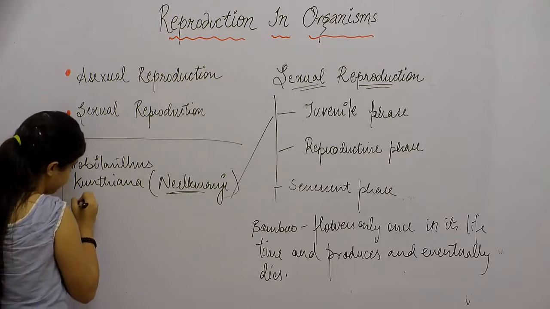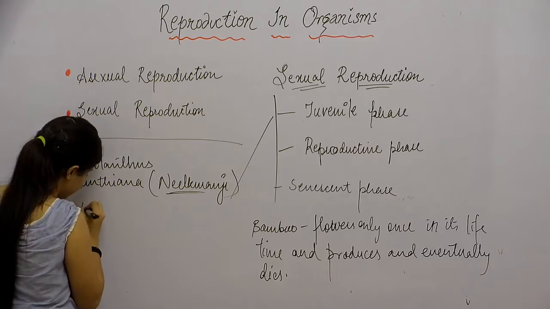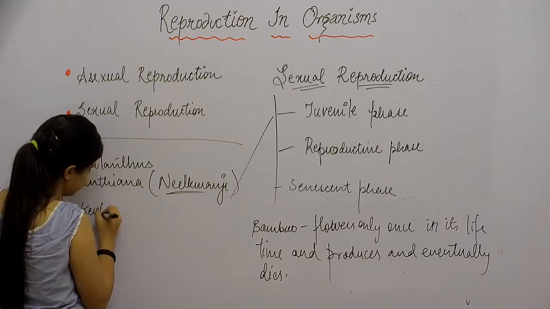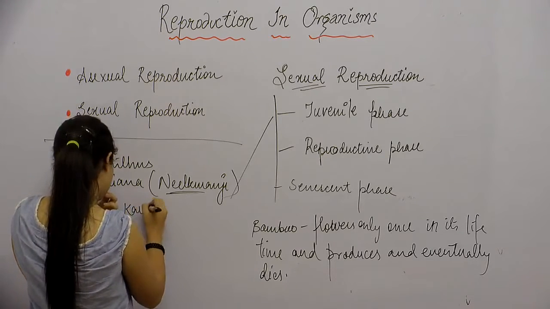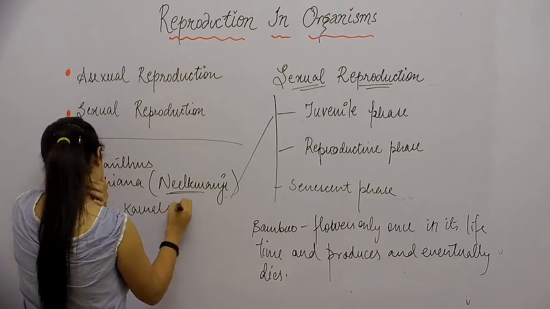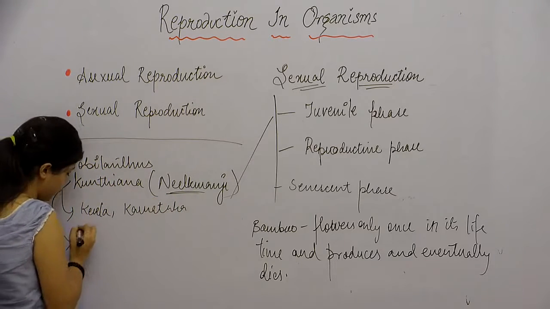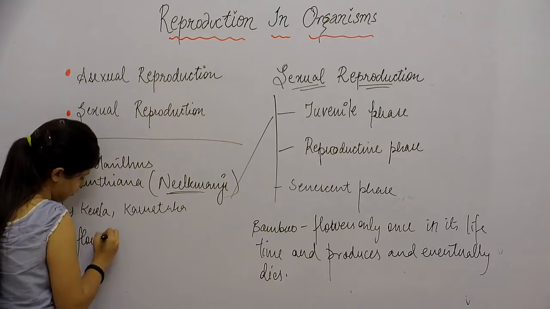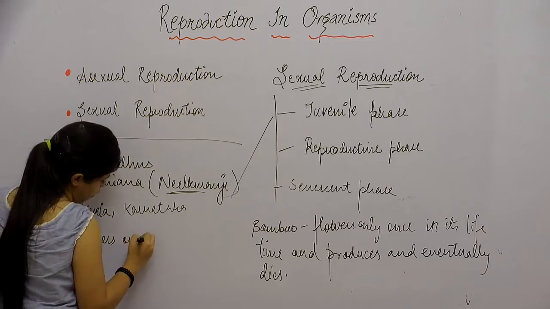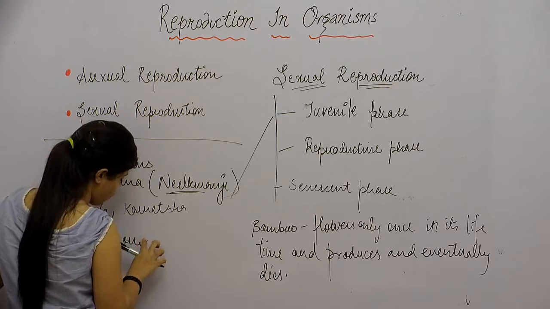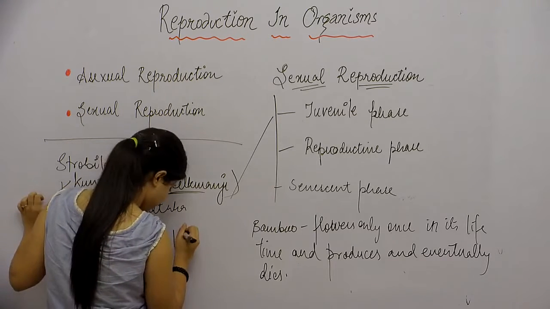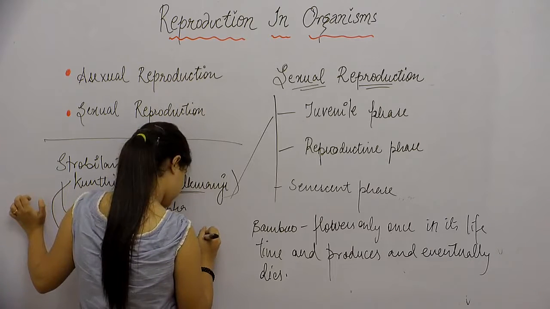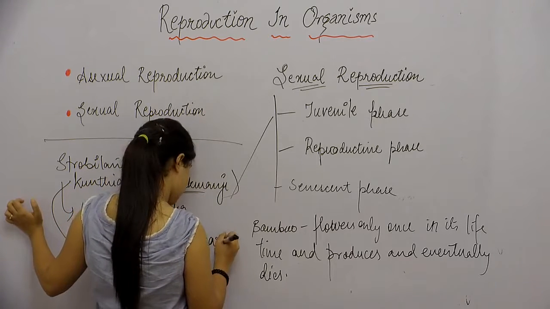It grows in Kerala, mostly in the South Indian states, Kerala, Karnataka, Tamil Nadu. And this plant also flowers once in 12 years.